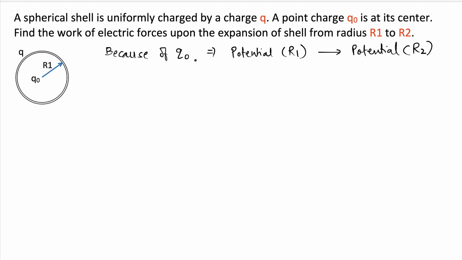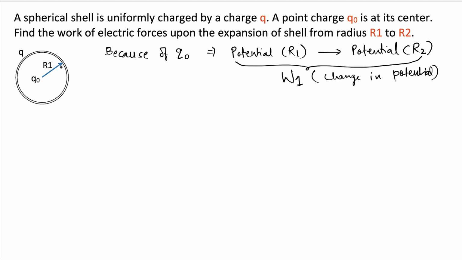Okay, so there is a work done here in changing the potential. Let's call that W1. Now you know that potential because of Q0 at any R is constant, because at that particular R in that sphere the potential is constant, since the potential is directly proportional to 1 by R. So in any direction it will be same.